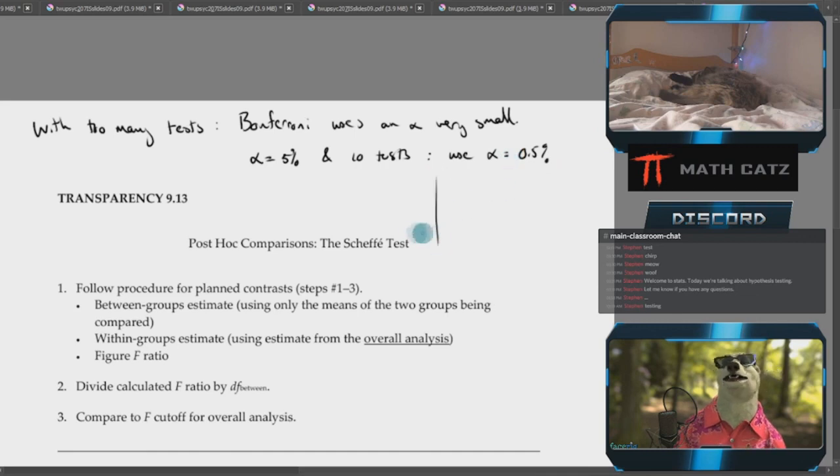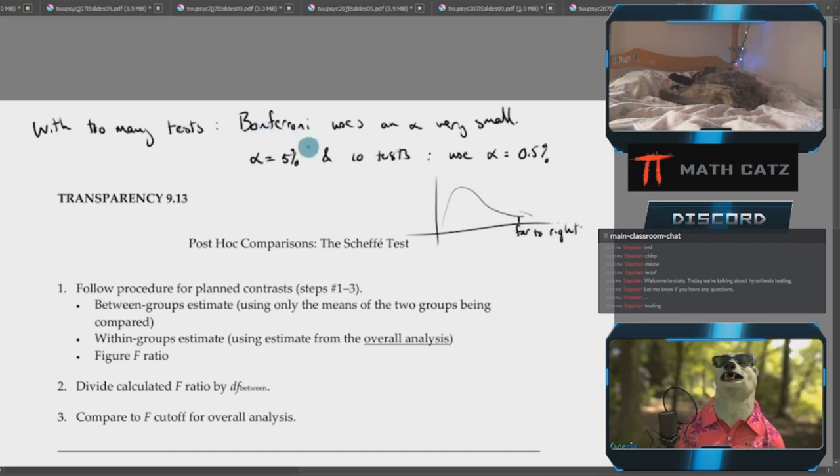And when I test these, it really pushes my cutoff very, very far to the right. That cutoff becomes so extreme that I'm very unlikely to get any decision and find any difference because I've shifted that cutoff so far.